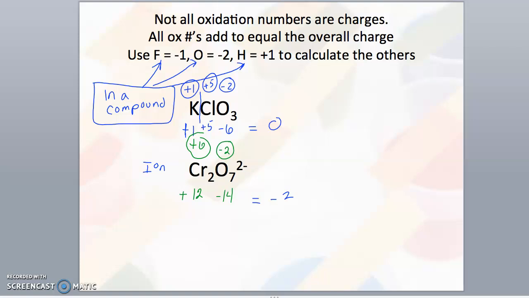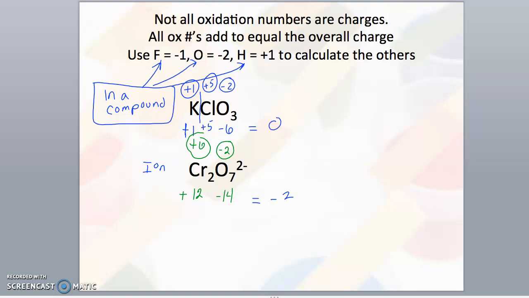In the first example, we can break apart the salt and assign +1 to the potassium because it is from group 1. Since oxygen is -2, and there are 3 of them, I have a net charge of +1 from the potassium, -6 from the oxygen. In order for the compound to be neutral, the chlorine must have an oxidation number of +5 in this compound.